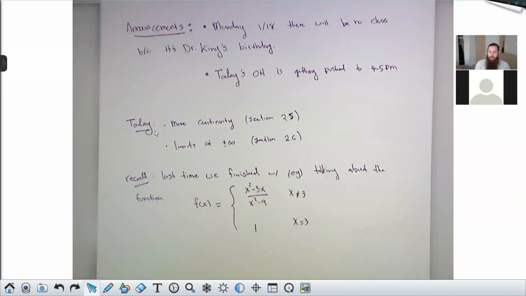And I said we should try to draw the graph of this function. We deduced using the limit definition that this function is not continuous at 3.